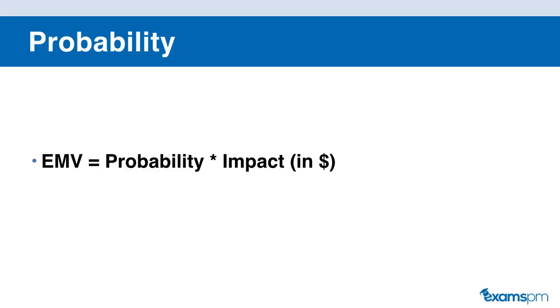So as an example, let's say we have a risk that has a 30% probability of actually happening in the future. And if this risk does happen, it would cost our project $5,000 to fix. So the total impact of this risk is 0.3 times 5,000, which is $1,500. Using this formula, you can calculate the impact of risks on your project.